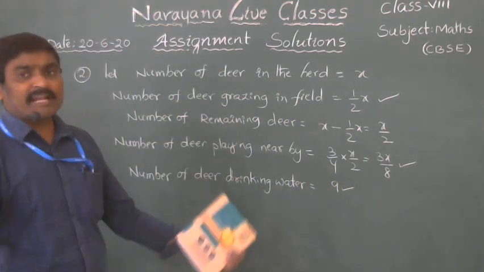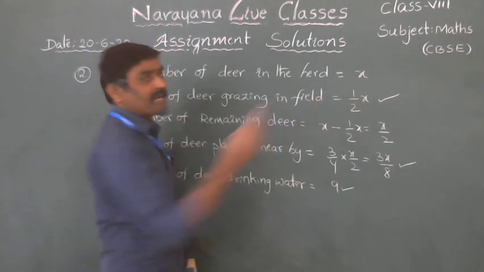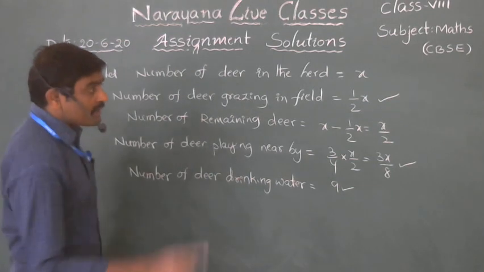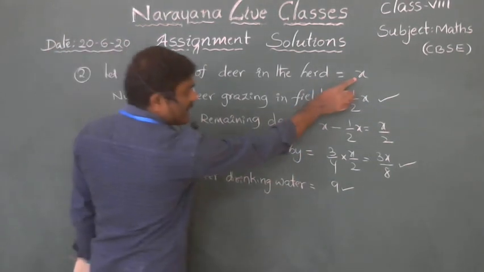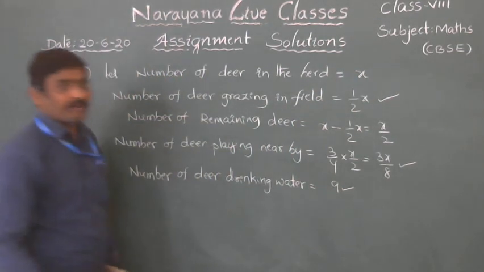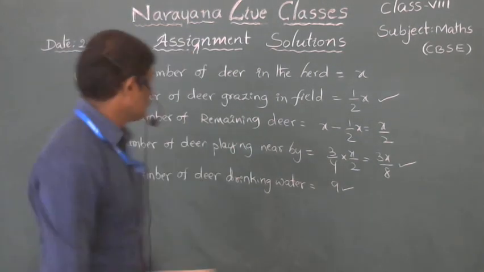Here, half are grazing in the field, the number of deer playing nearby is 3x by 8, and the number of deer drinking water is 9. These are the total number of deer. When you add all three, we will get the total number of deer in the herd. So there are three groups.